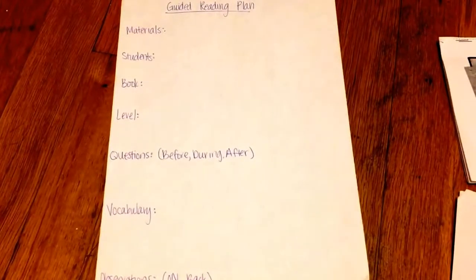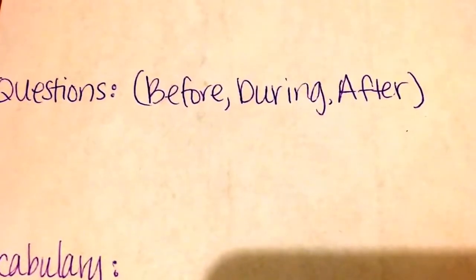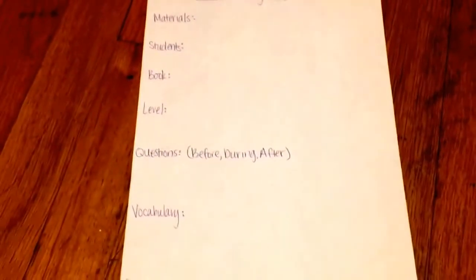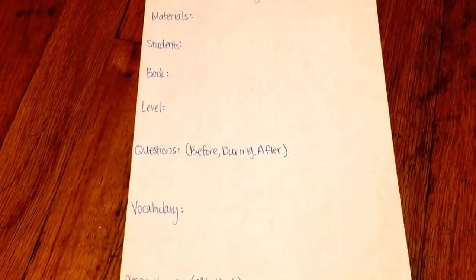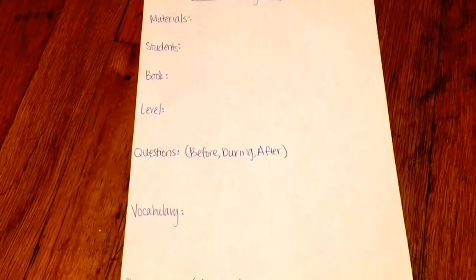Some of the things that you need to include on your guided reading lesson plan are your materials, students, the book you chose along with the level of the book, questions for before, during, and after the reading, along with where to stop and think, vocabulary that you'd like to preview with the students and discuss, and then observations, which I've included a space on the back of my lesson plan for things that I observe the students doing while they're reading. It's important to make observations so that you can make adjustments to the instruction for next time.